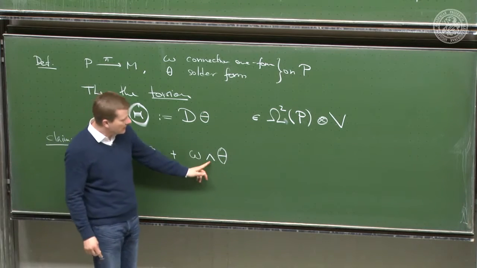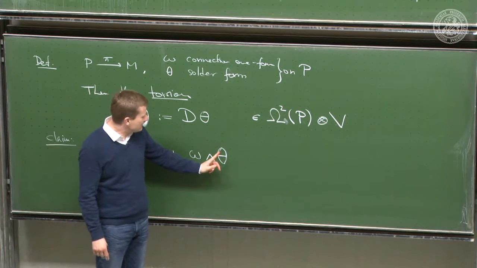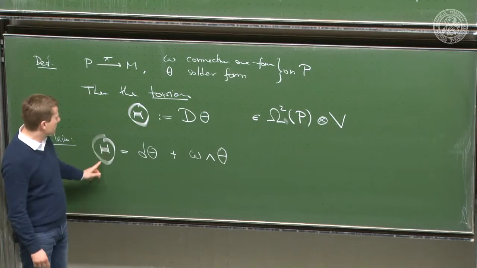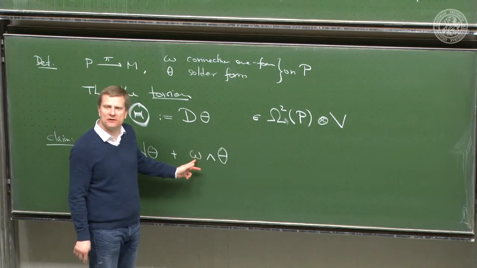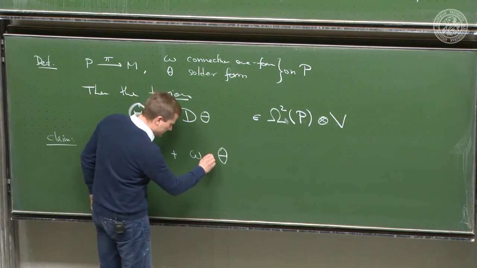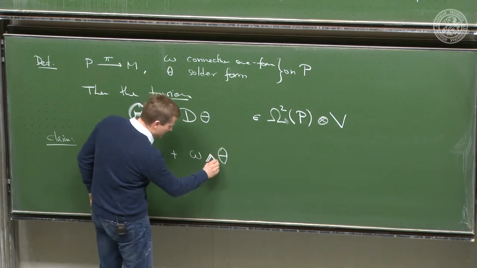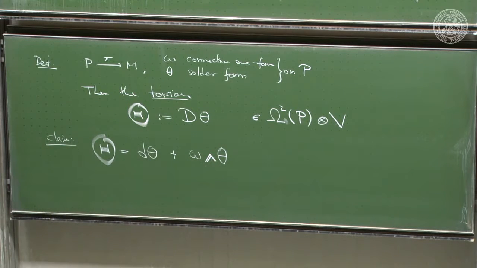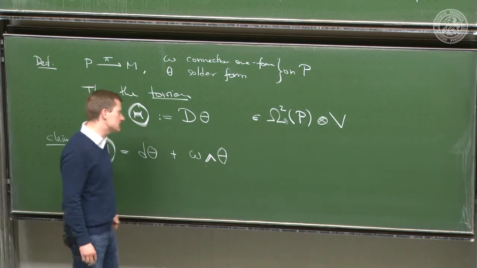Now, we have here a similar problem. This is Lie algebra valued. This is V-valued. But the result is supposed to be V-valued. So how do we get rid of this Lie algebra valued bit? Well, again, this is tradition, but here you have a half, and a double wedge. But of course, I need to declare what it means.